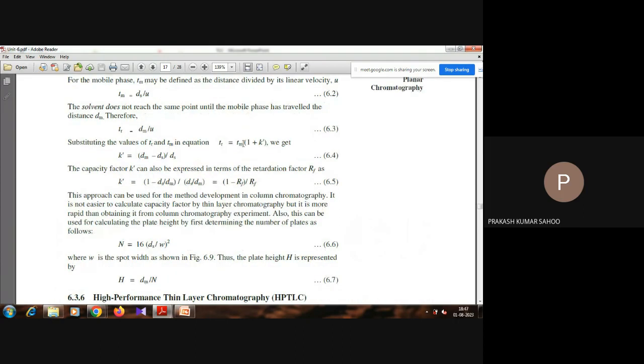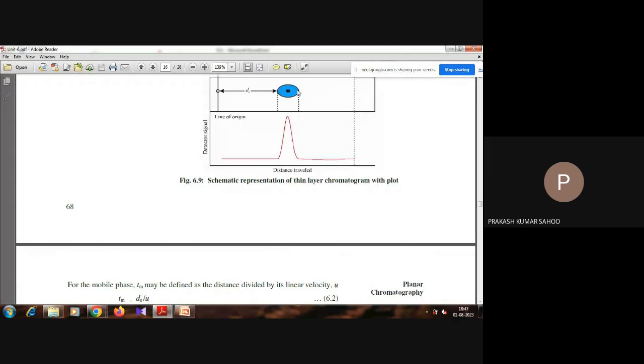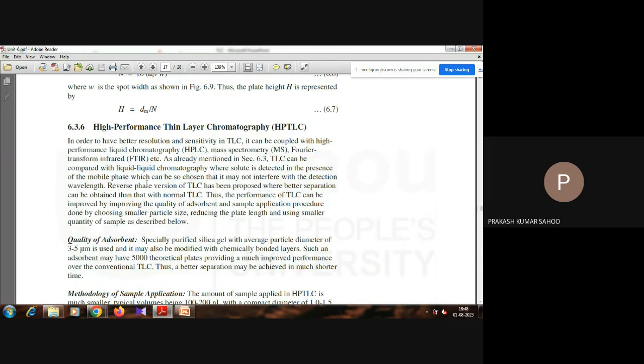This is the spot width. Okay, so this is w square, and the final equation will be plate height. H is the total distance traveled by the solvent divided by the number of plates, that is n.